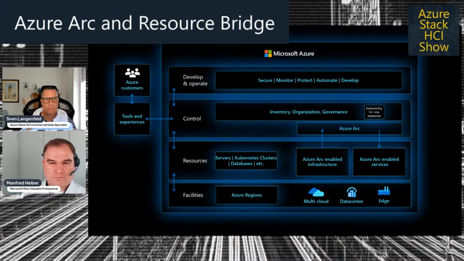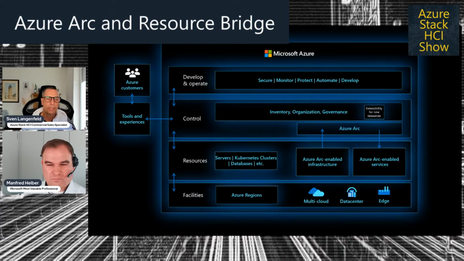So the customer has access to the control plane. In the control plane, they could manage everything inside of Azure in the past. And now with Azure Arc, we are including the multi-cloud, the data centers, and the edge environment of our customers into the control plane of Azure.